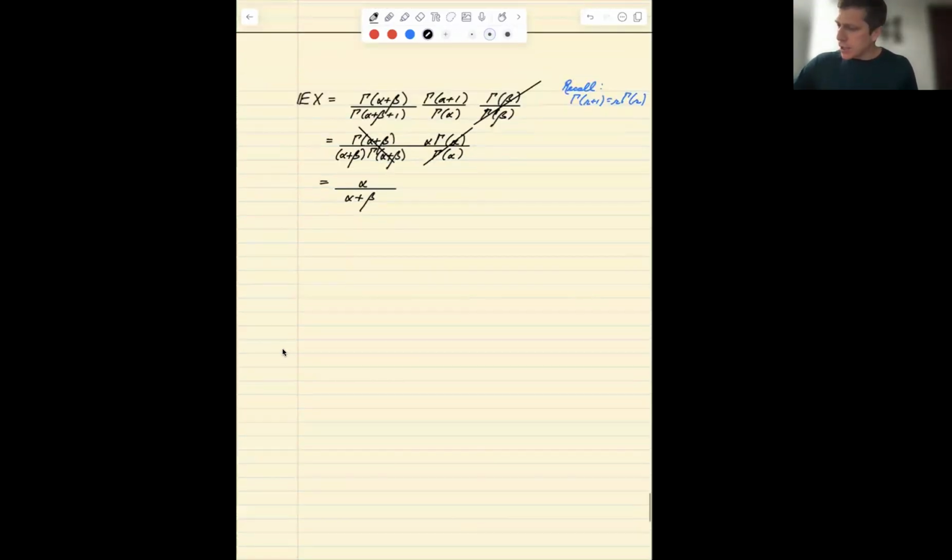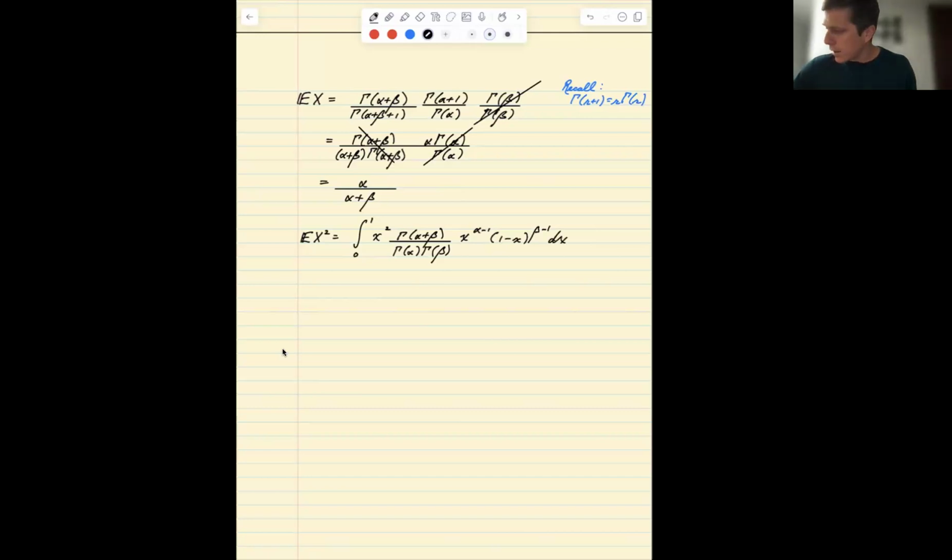Exact same logic will allow us to calculate the second moment of the beta. In this case, the integral from 0 to 1 of x squared times gamma alpha plus beta, again the normalizing constant, x to the alpha minus 1, 1 minus x to the beta minus 1.